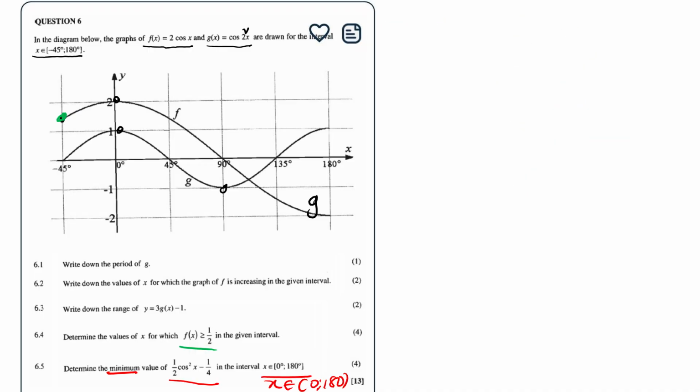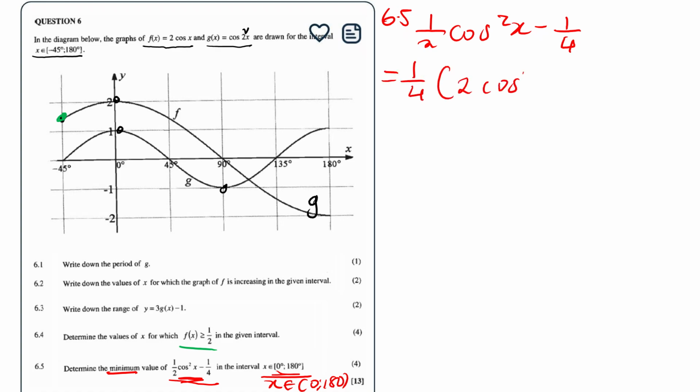Now 6.5. Determine the minimum value of 1 over 2 cos squared x minus 1 over 4 in the interval 0 included to 180 degrees. We are given 1 over 2 cos squared x minus 1 over 4. We can rewrite this as 1 over 4 times (2 cos squared x minus 1).